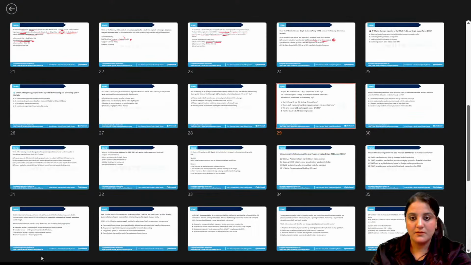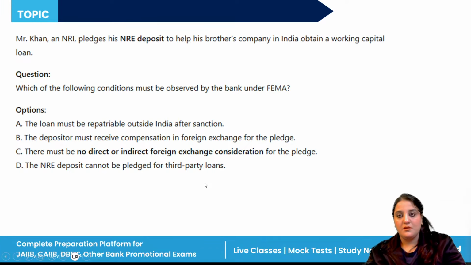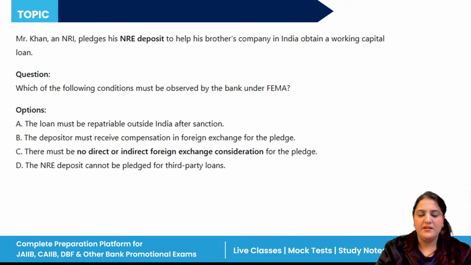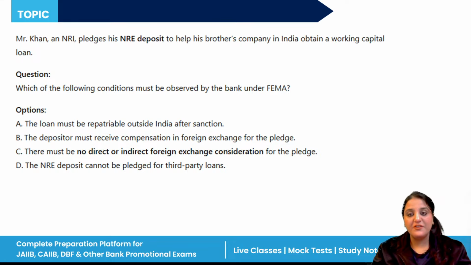Okay. Next question. Mr. Khan, an NRI, pledges his NRI deposit to help his brother's company in India obtain a working capital loan. Which of the following conditions must be observed by the bank under FEMA?